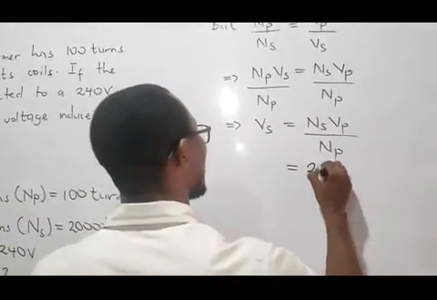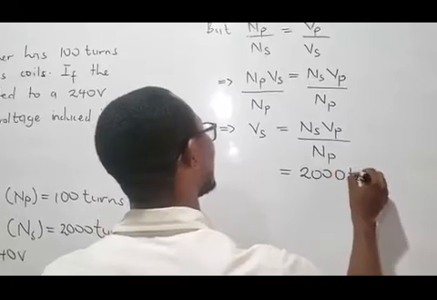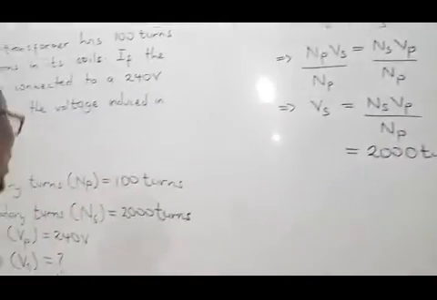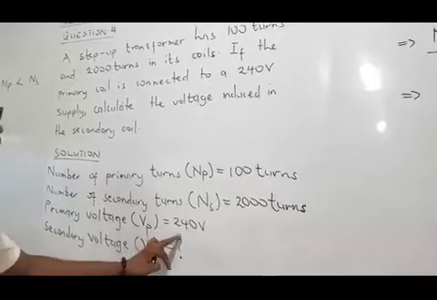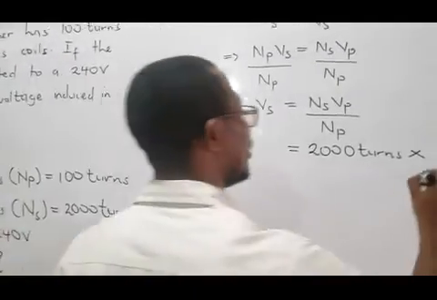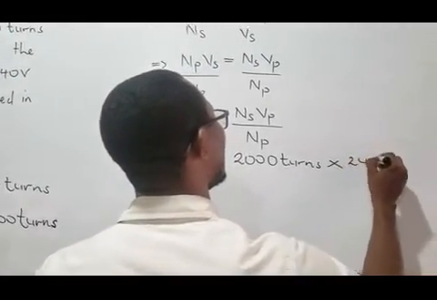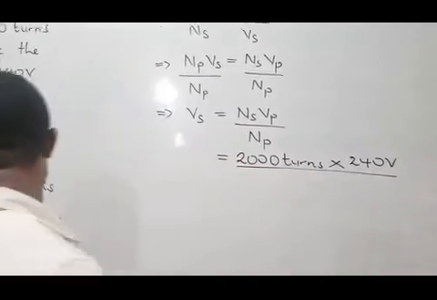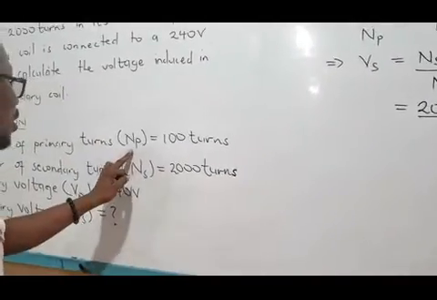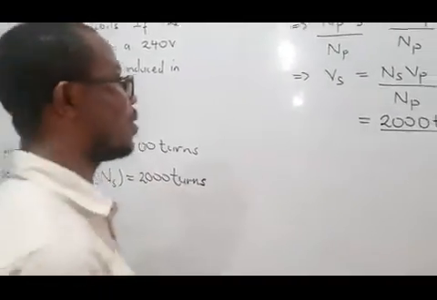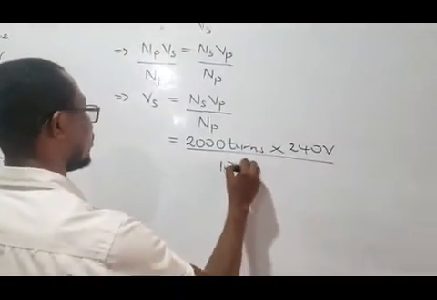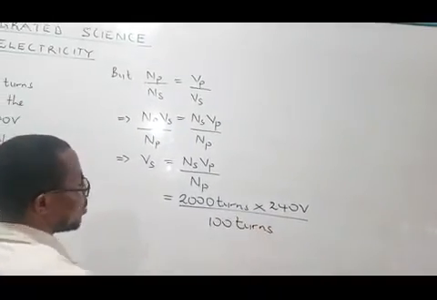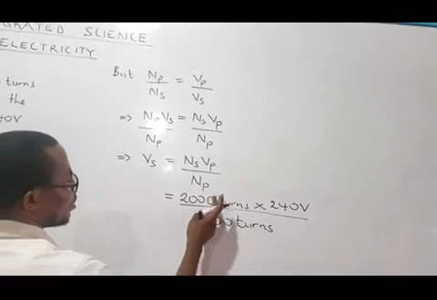When I do our substitution, our number of secondary turns NS is 2000, times our VP, which is 250 volts, and then the primary turns NP is 100. The turns cancel out. The two zeros also cancel out.